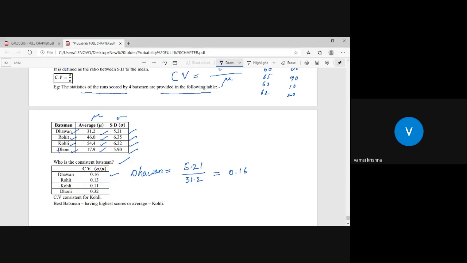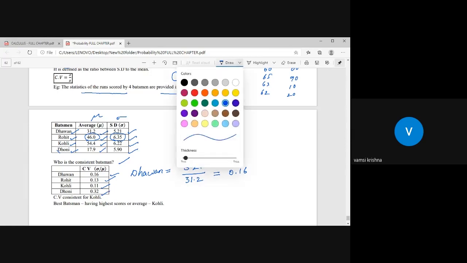In the same way, from Rohit's standard deviation and average score, you can find the coefficient of variation, and the same for Kohli and Dhoni. So observe all the values you got: 0.16, 0.13, 0.11 and 0.32.